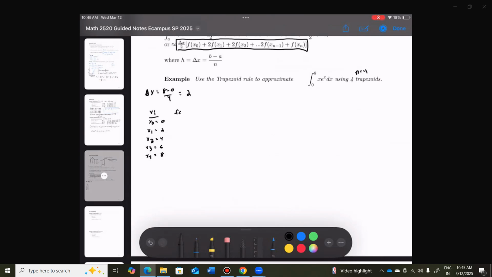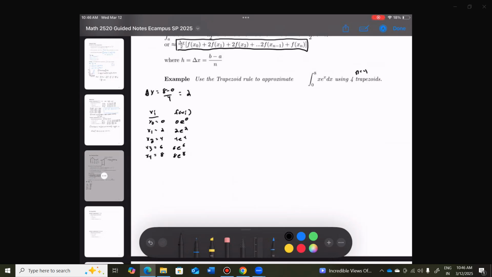Then we find our f of x sub i's. And so we'll do 0 e to the 0, 2e to the 2, 4e to the 4, 6e to the 6, and 8e to the 8. And we won't actually find values here. Just leave it how it is.